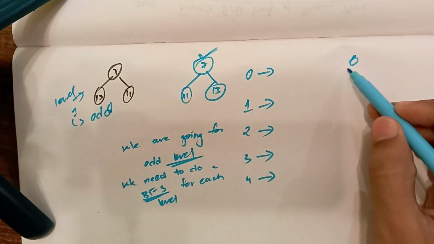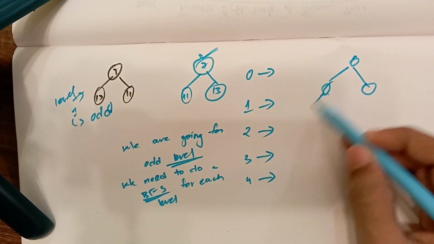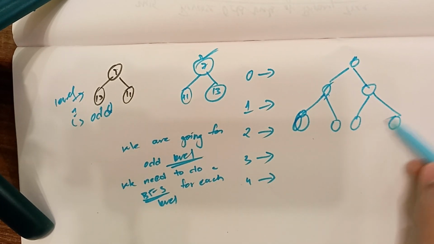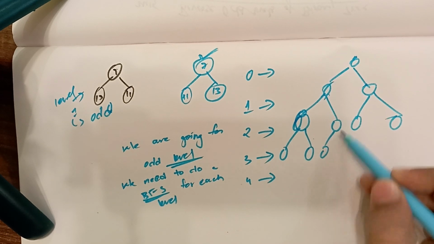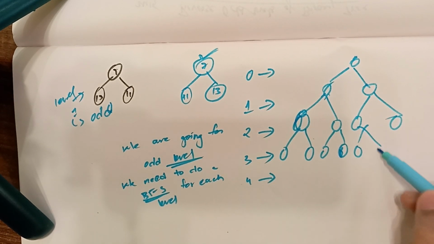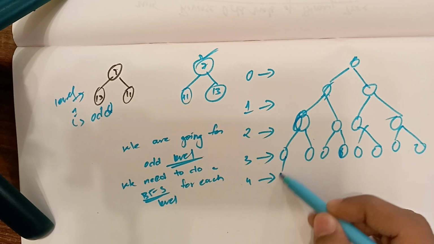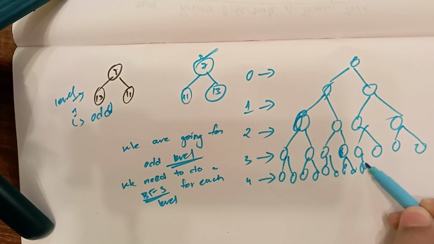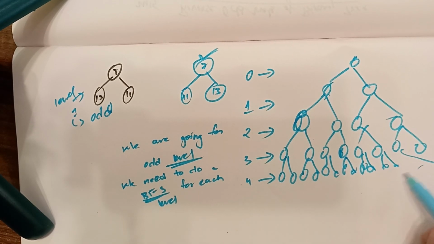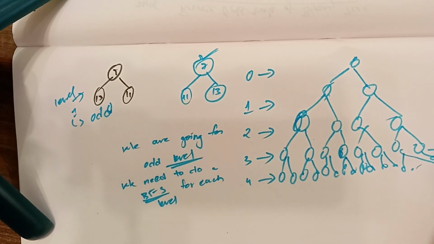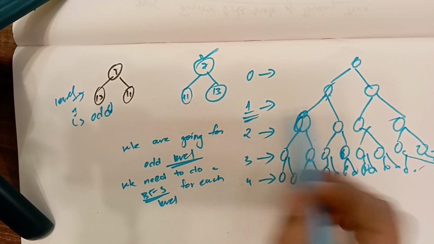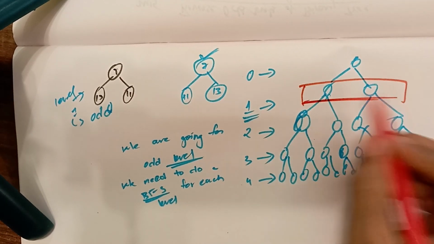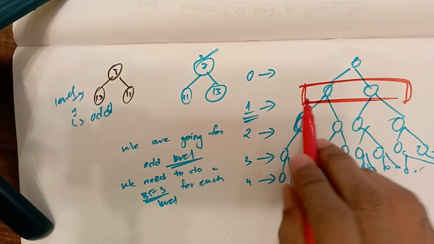Let us take a tree, level 1, this is level 3, and this is level 4. Here in this case, if you are at level 1, we need to take this and reverse them.